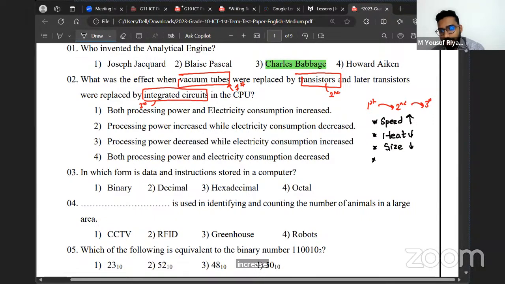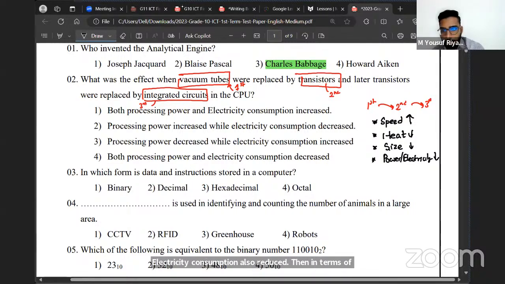In terms of power consumption, that means electricity consumption, electricity consumption also reduced. Then in terms of price, did the price increase or reduce? Exactly, the price also reduced.